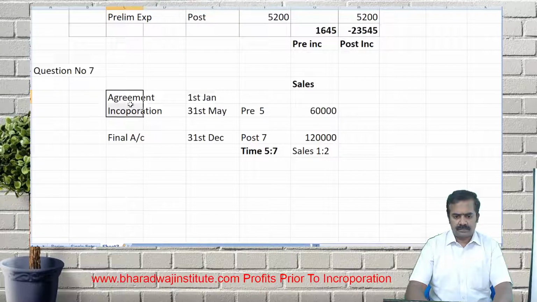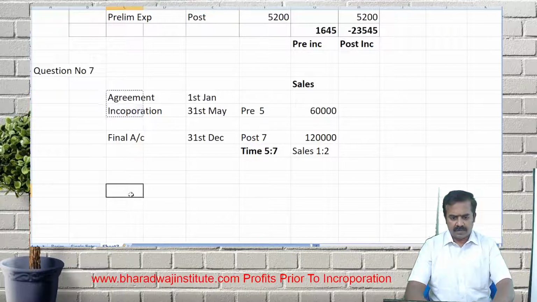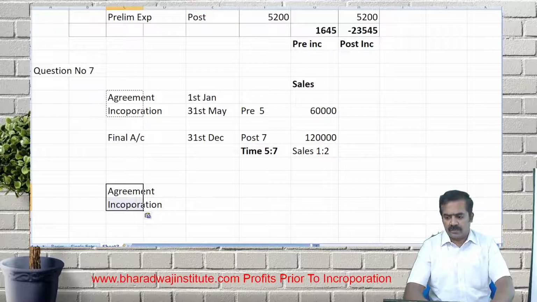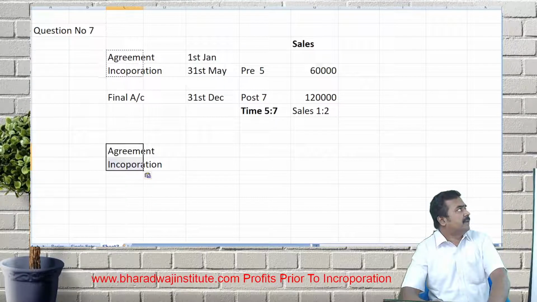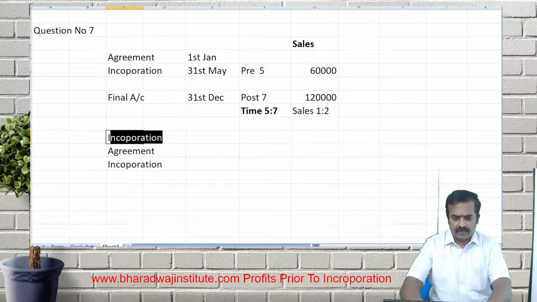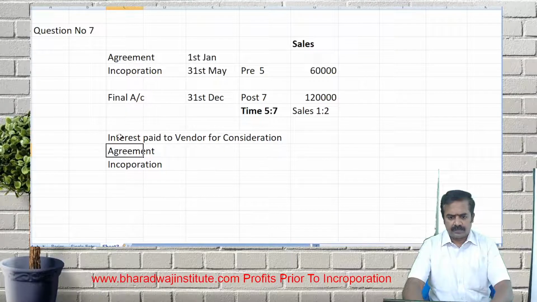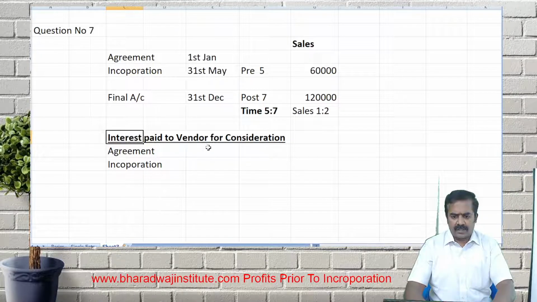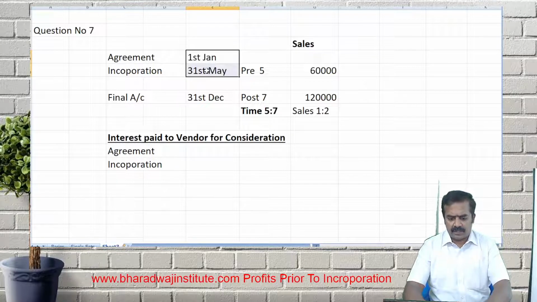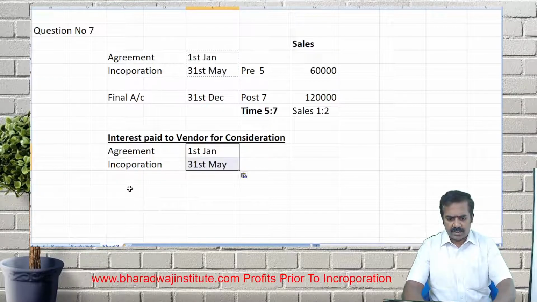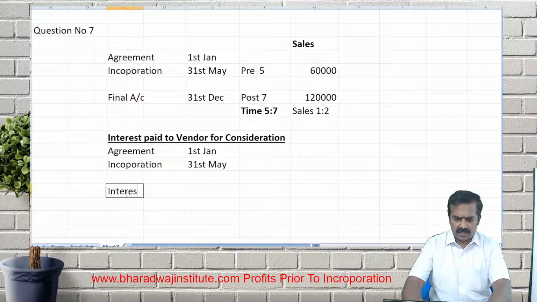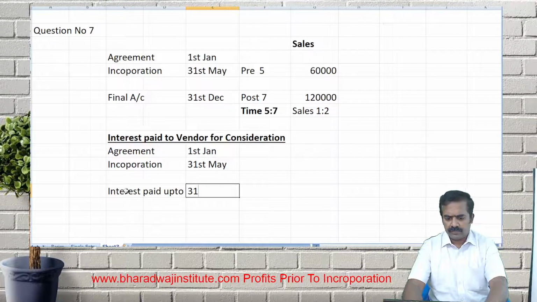Then for the interest paid to the vendor, we didn't pay till the end of the year. What is the agreement date? 1st January. Incorporation date is 31st May. Interest was paid up to what date? 30th June.